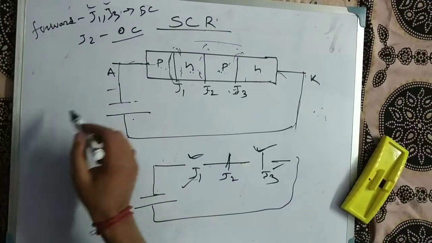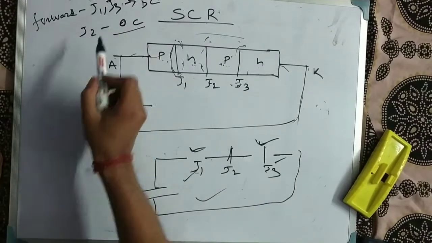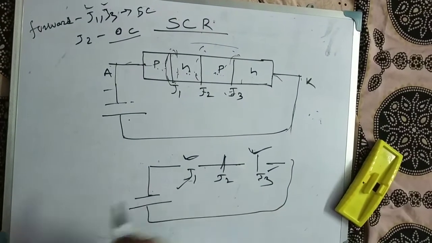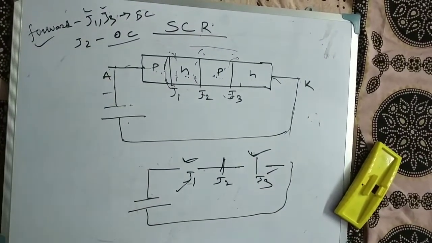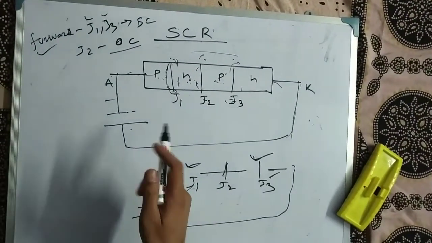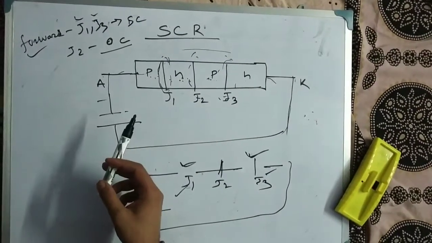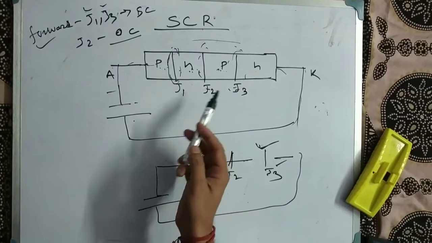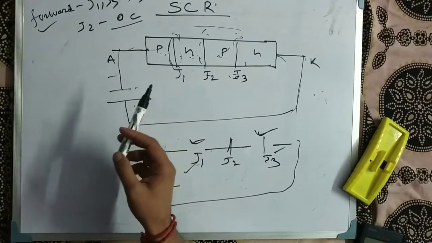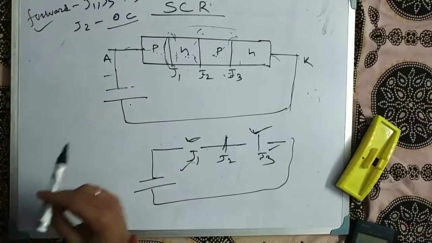So this is called forward blocking mode, and the other is called reverse blocking mode, where two junctions are open circuited, while in forward blocking mode one junction is open circuited. So we have a special arrangement to make this thyristor conduct. For this reason, this thyristor is called a semi-controlled device, because we can control its turn-on process, but we cannot control its off process. Later we can see that.